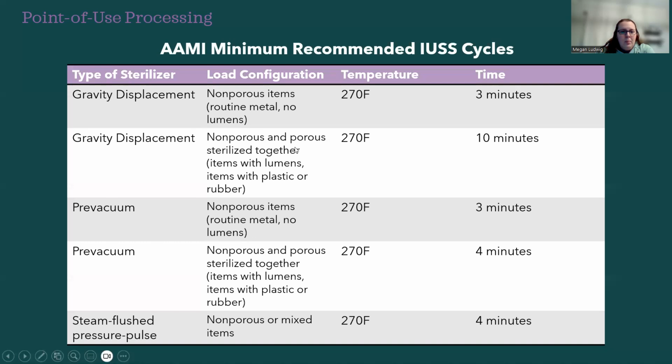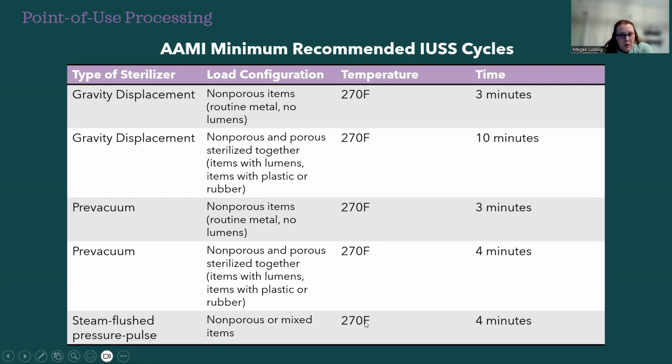All right, so these numbers here are something you're probably going to want to memorize before you take your certification exam. They like to ask these types of questions about temperature, time, and in what sterilizer. Okay, so these are the AAMI minimum recommended cycle times for your immediate use. Okay, that's the key. For immediate use, gravity displacement. So depending on your facility, you might use the pre-vacuum, you might use a gravity displacement.